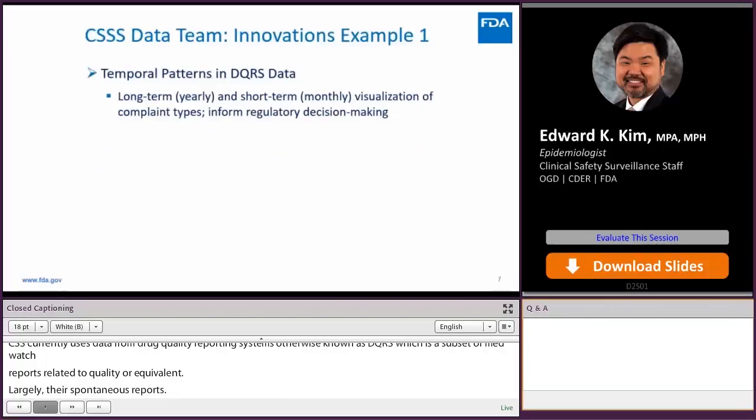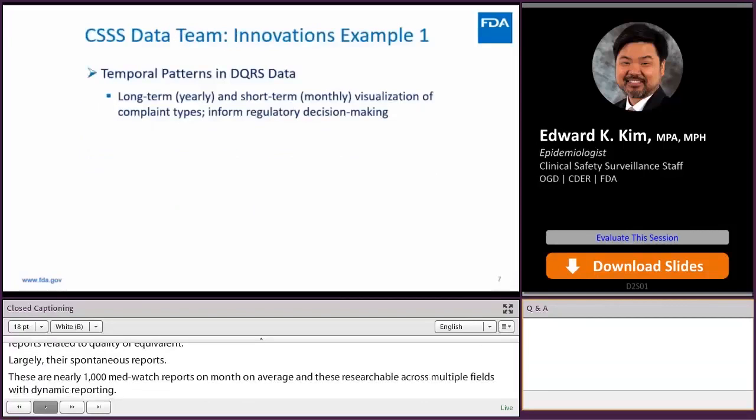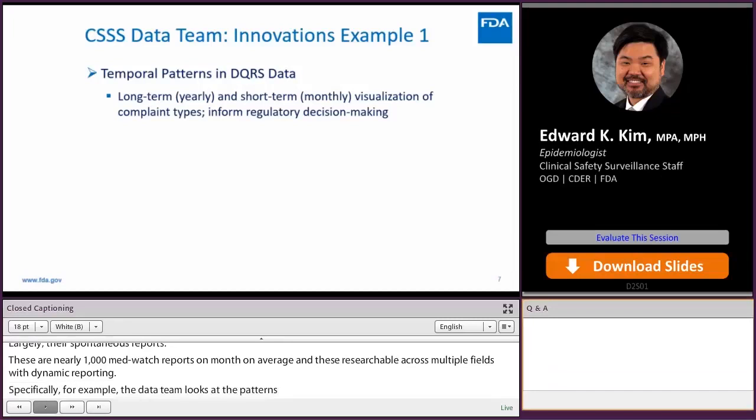Specifically, for example, the data team looks at temporal patterns in DQRS data, whether it's long-term on a yearly basis or short-term on a monthly basis, to visualize patterns of complaint types and lend information to regulatory decision-making.